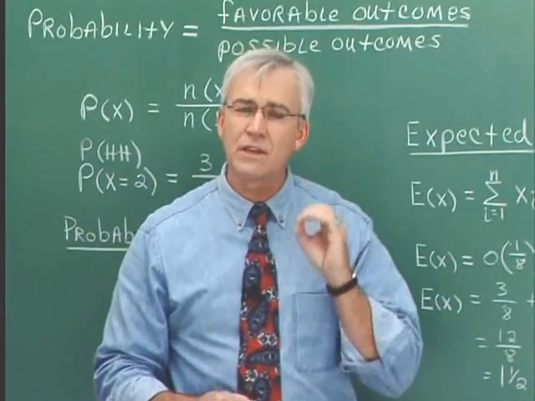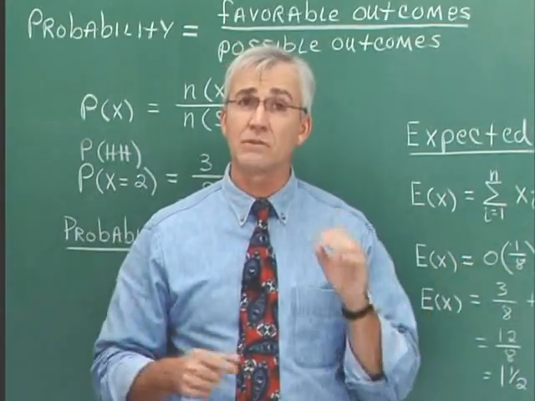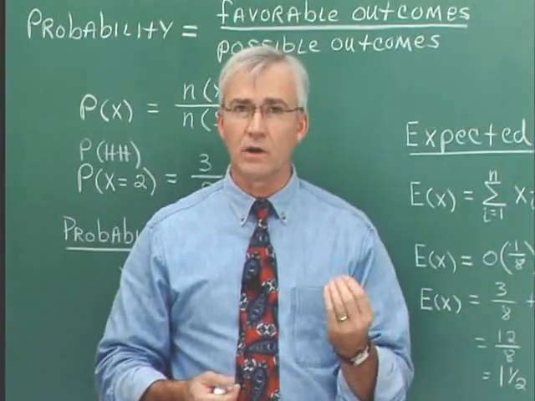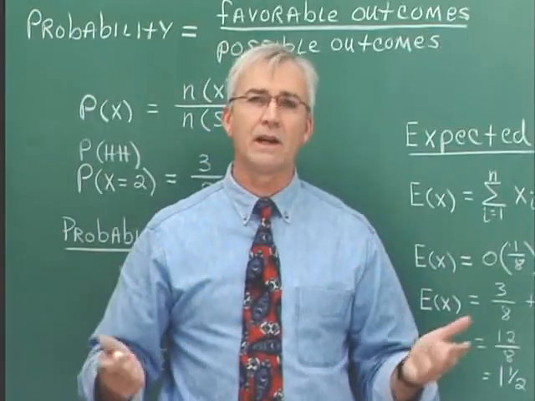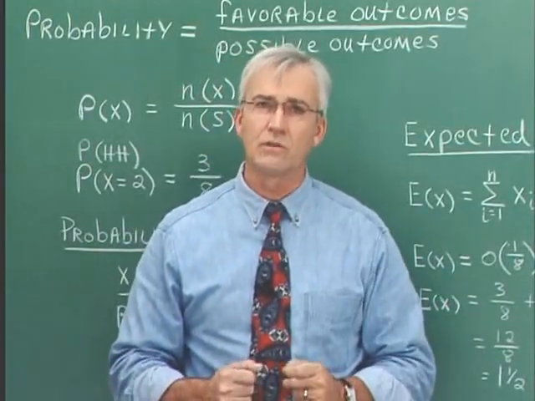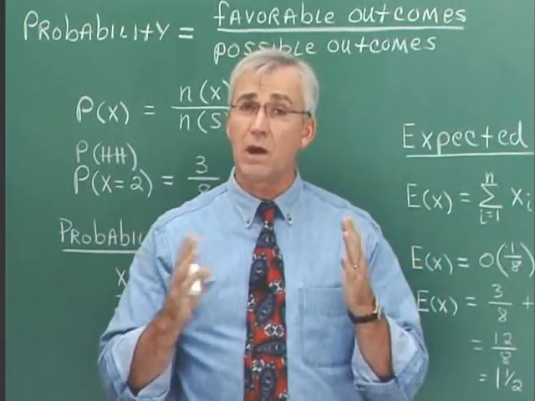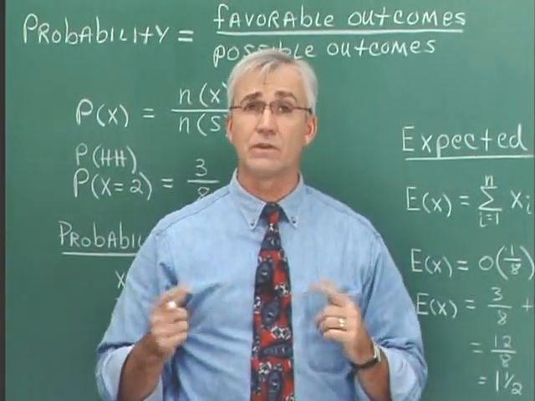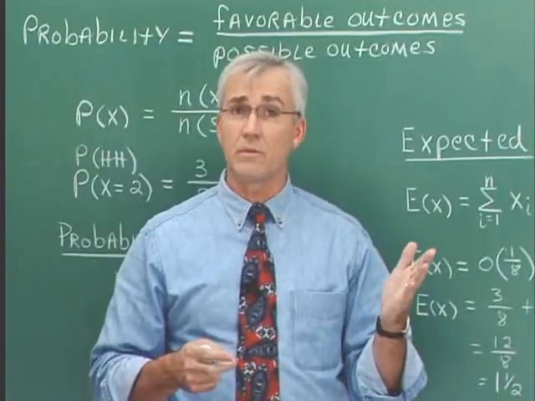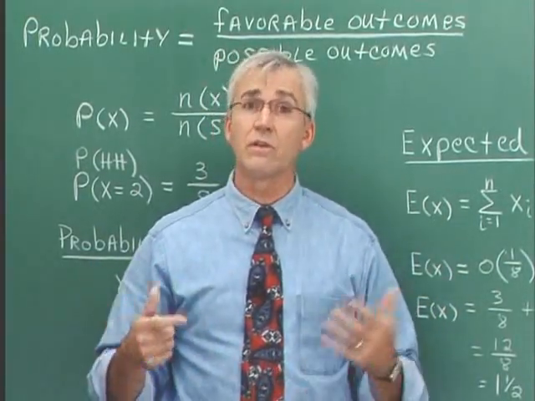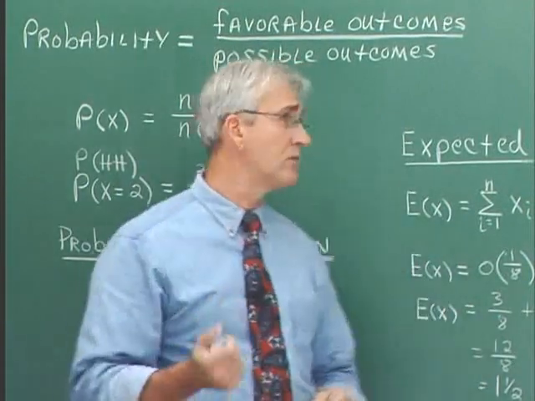There is no chance of that happening. So an impossibility has a probability of 0. And something that is assured, like what's the probability that the sun will rise in the east tomorrow morning? That probability is 1. That's an assurity. So probability numbers generally fall between 0 and 1. The closer to 1, the more likely the event is to occur. The closer to 0, the less likely. Okay, so that's the general idea.